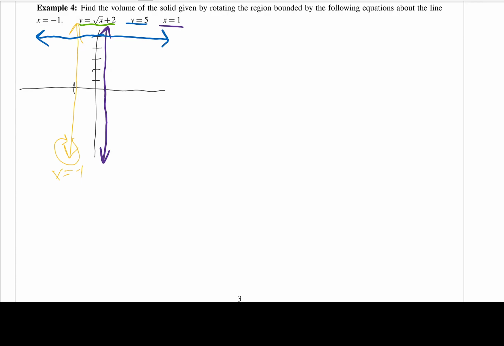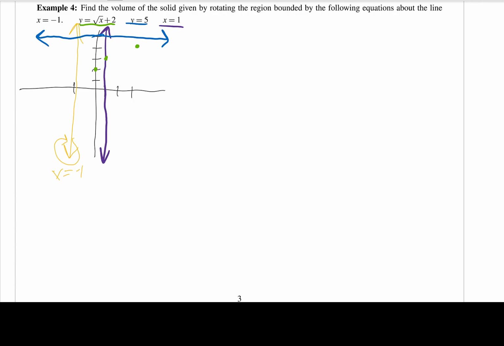Alright, and then y equals square root x plus 2. So let's see. If I plug in 0, we'd get 2. If I plug in 1, we'd get 3. If I plug in 4 for x, so 3, 4, we would get, let's see, that'd be 2 plus 2 is 4. So that'd give me this point right here.